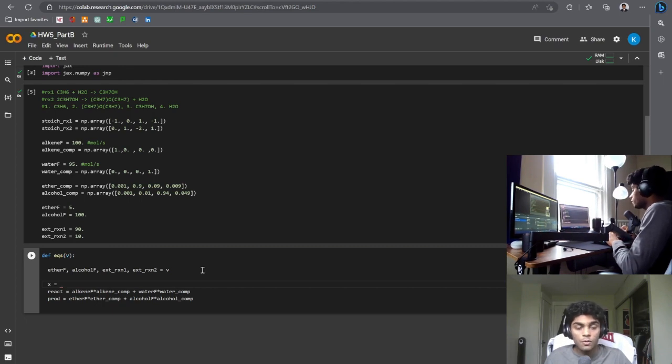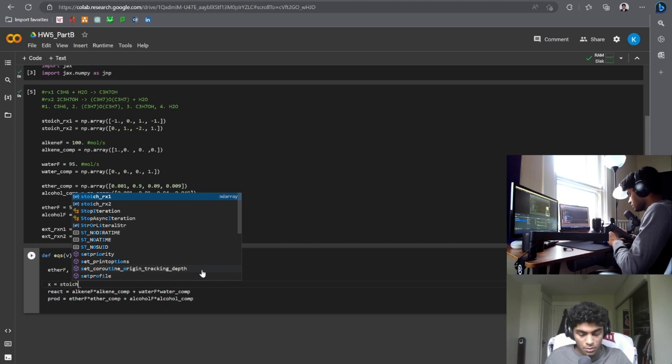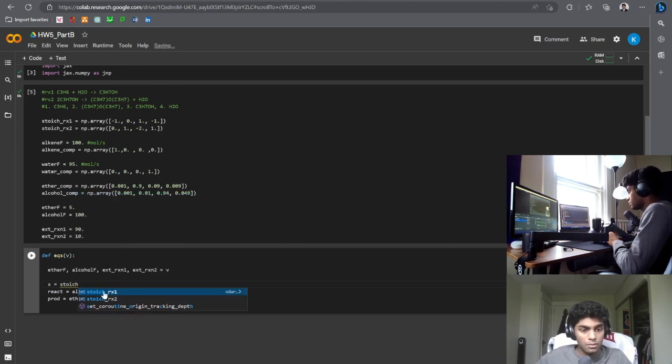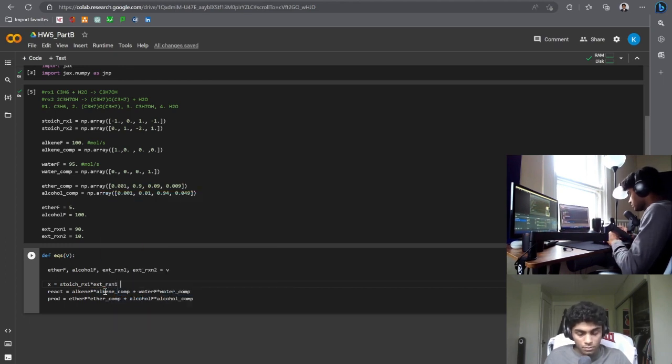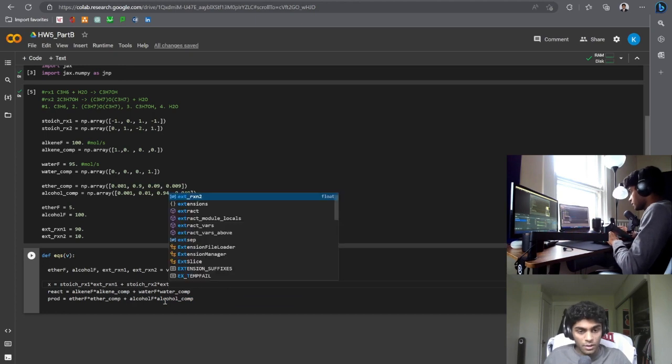But we should also find out our extent of reaction. So that's going to be our stoichiometric coefficient of reaction 1 times our extent of reaction 1 plus our stoichiometric coefficient of reaction 2 times our extent of reaction 2.